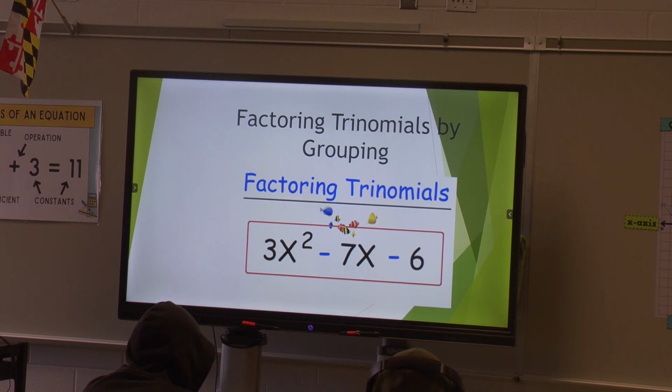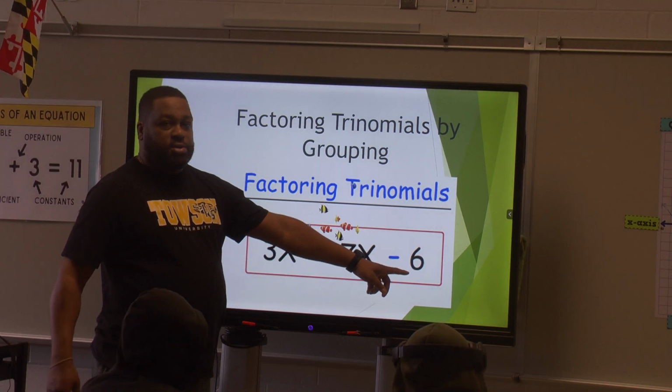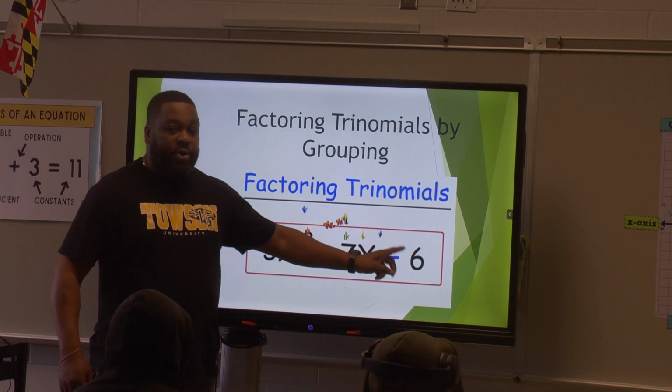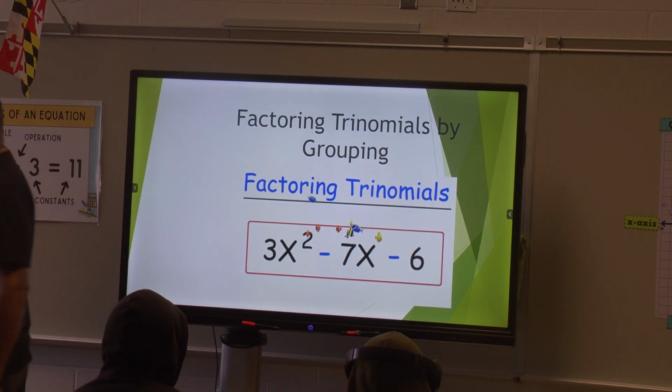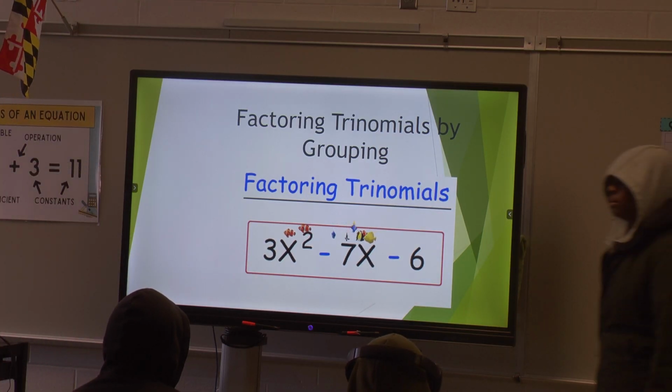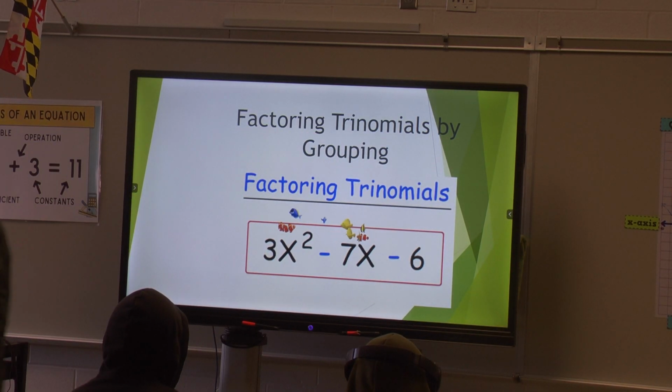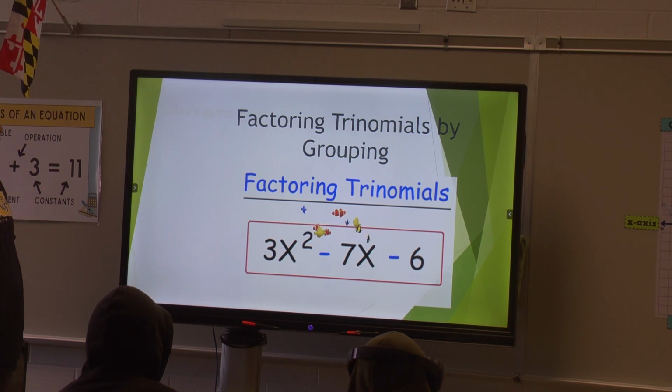Once you're looking at that, we're going to determine our A, our B, our C. We're going to have to figure out what is our product and what is our sum. What two numbers can we add to get 7 but also multiply to get 6? Okay, this is just an example. We're going to have two examples, and we're going to go over the actual steps.